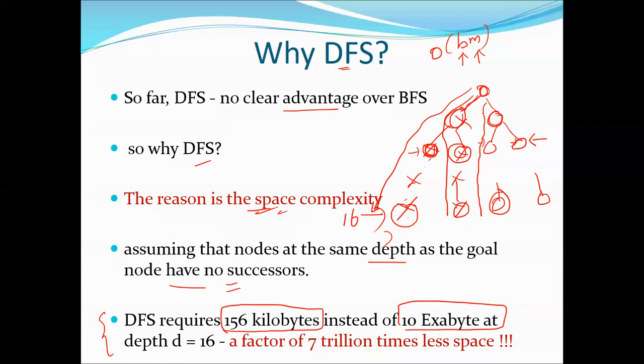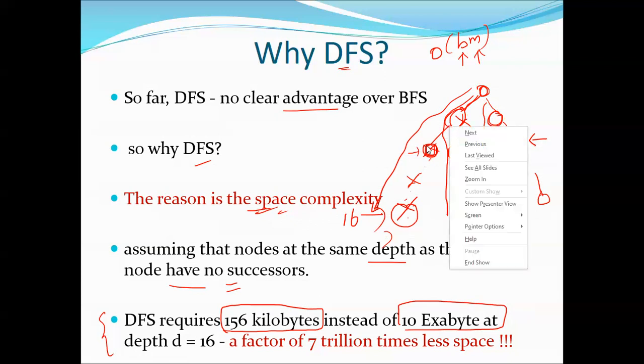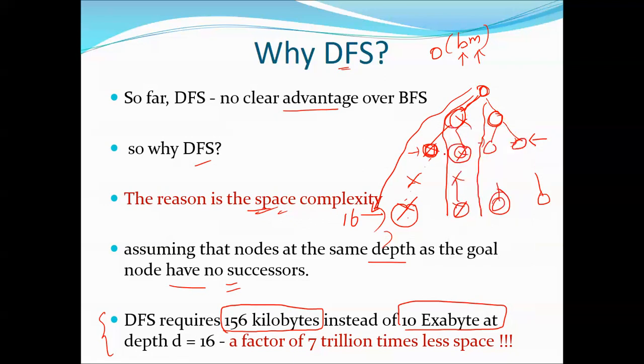If the branching factor is 5, you will get 5 children. But after that, you will explore this node only. When you explore this, if the branching factor is 5, another 5 will be created. When you explore this, another 5. Like that, it goes on up to the last level. So if there are 16 levels and the branching factor is 5, and you explore this one path, then it will create only 16 into 5 nodes.